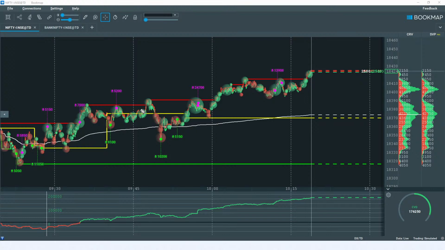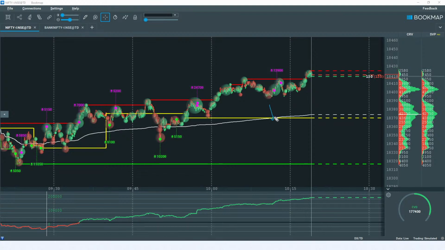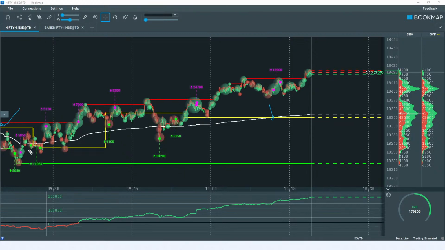The major part of the point of control is that it shows us an immediate shift in the trend. In a simple sense, what is the point of control? It is the level where the maximum number of transactions are taking place. Here you can clearly see that after the market opened, from this point there was an immediate shift in the entire point of control.